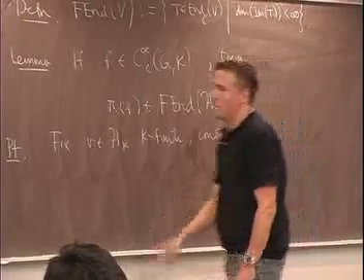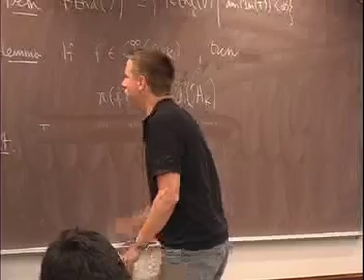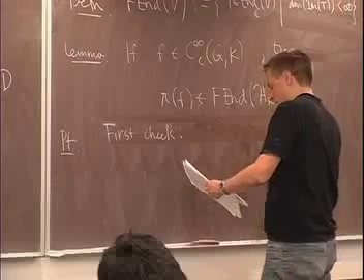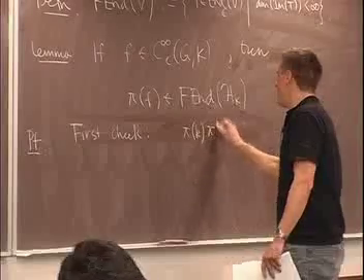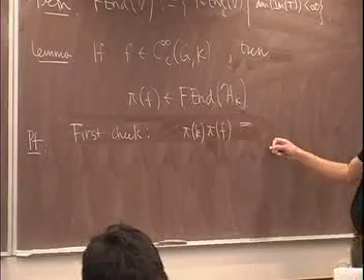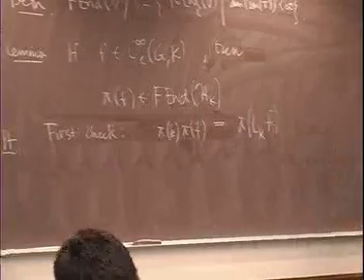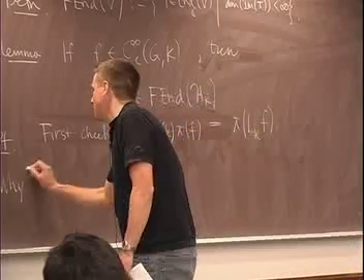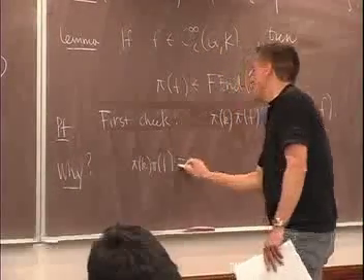Maybe I'll isolate the first statement. So you first check that pi of k, pi of f, is simply pi of what I get by left translation by k applied to f. Just to illustrate how simple this is, we simply write down what f is.